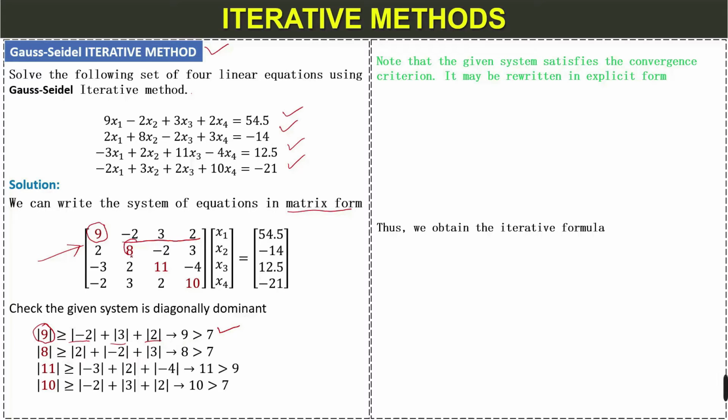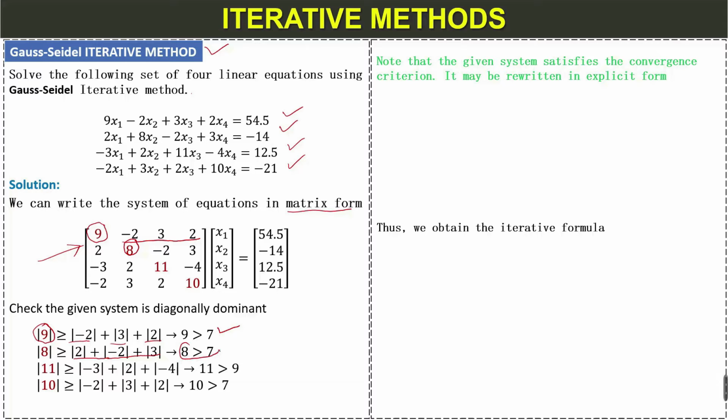Similarly, for this row we have the diagonal entry, and its absolute value should be greater than or equal to the sum of the absolute values of the other entries.